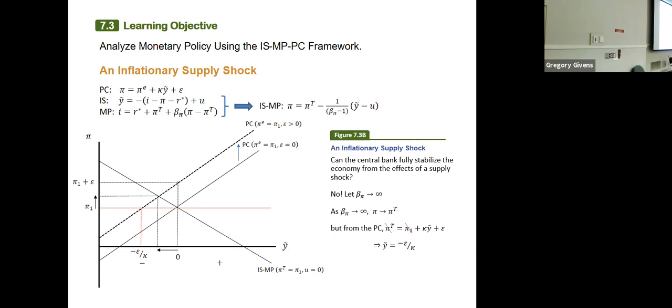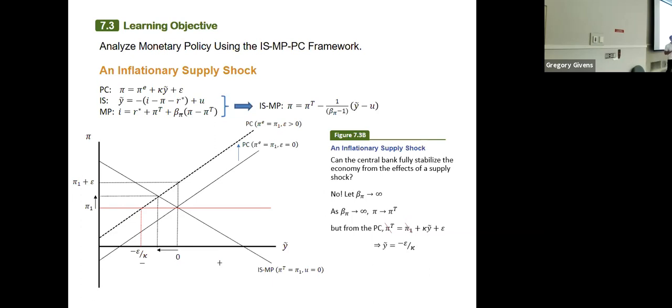By aggressively responding to the shock, by setting beta pi to a big number, it flattens the ISMP curve and fully stabilizes inflation and the output gap. What happens in response to a supply shock, though? The central bank can aggressively respond to that, but it only fully stabilizes inflation. The cost is going to be a larger recession.